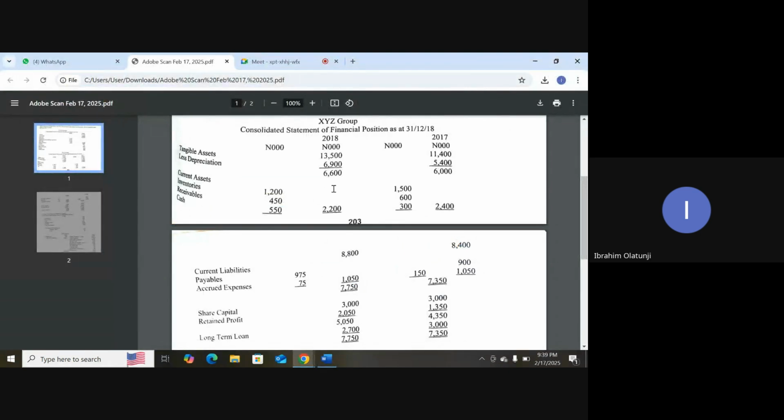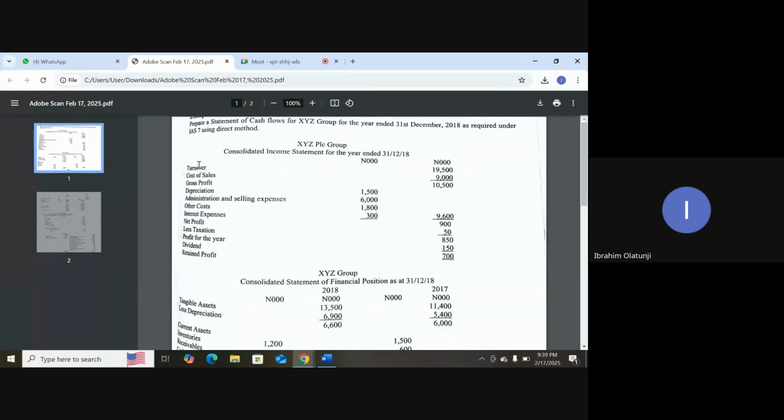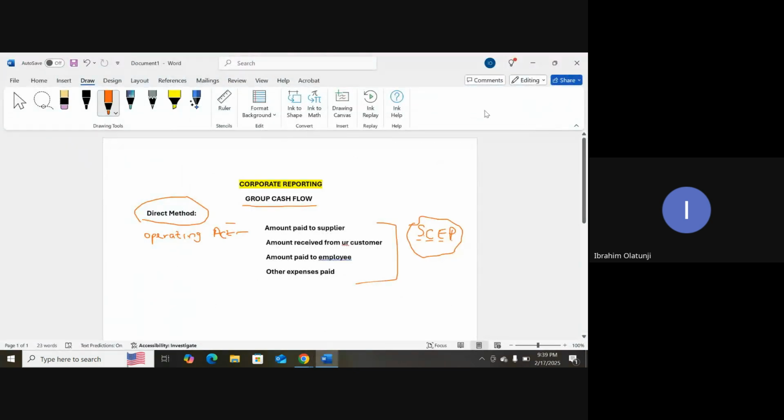Looking at this question now, if I want to solve it using the approach that the examiner wants me to use, which is the direct method, I will go by our normal principle.